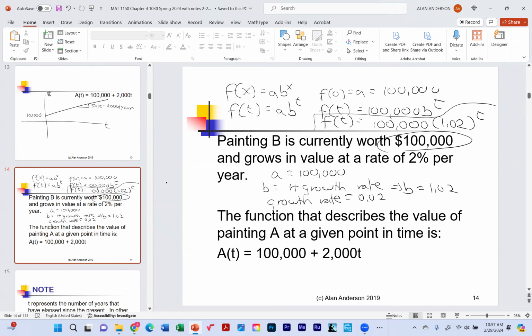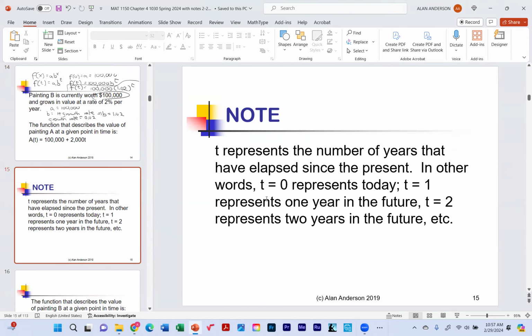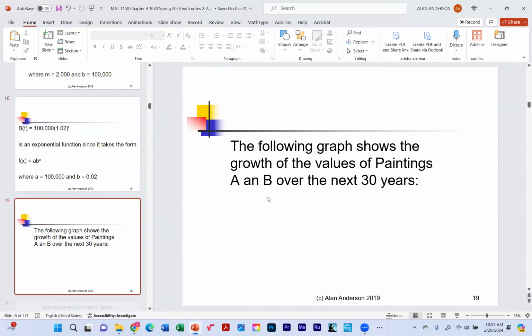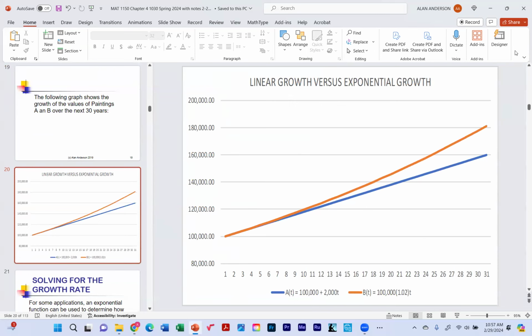Okay, now what we really would like to do is see how they change over time. In other words, I want to know how the values of the paintings will change from one year to the next. So I've got a graph here that will do exactly that. Now, this is done in Excel, so it's not perfect, but think of it this way. The blue line is A of t.